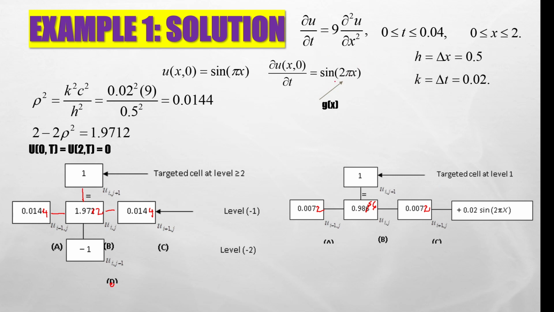Here g(x) is given as sin 2 pi x, then you need to add up plus k g(x) plus sin 2 pi x. Up to here, any question or not?